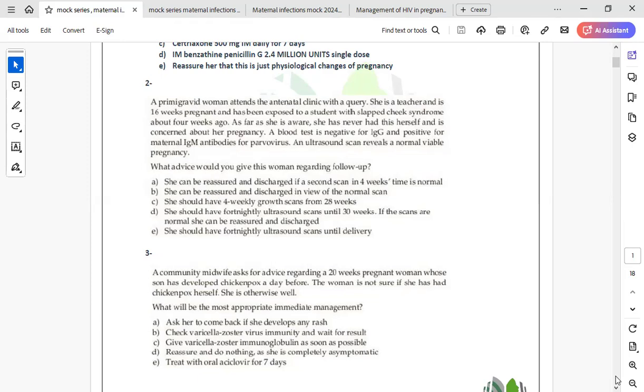Can you say that this woman is immune? This woman is having active infection or primary infection, chronic infection, or what? Yes, excellent. Positive IgM with negative IgG, this is recent or acute infection.